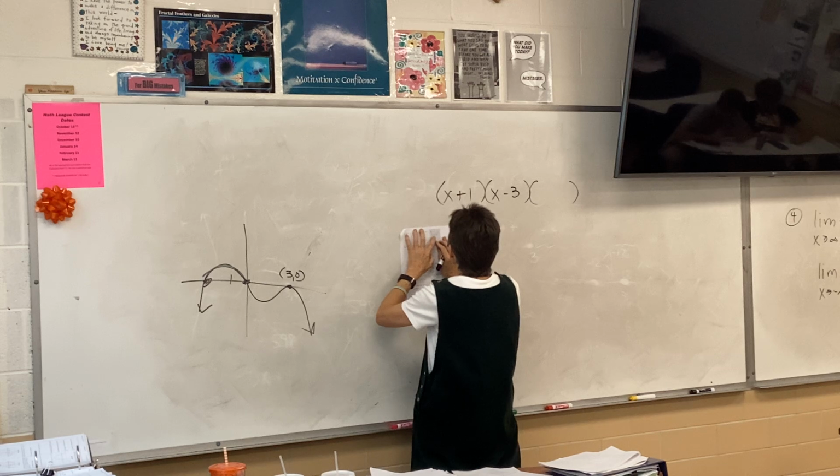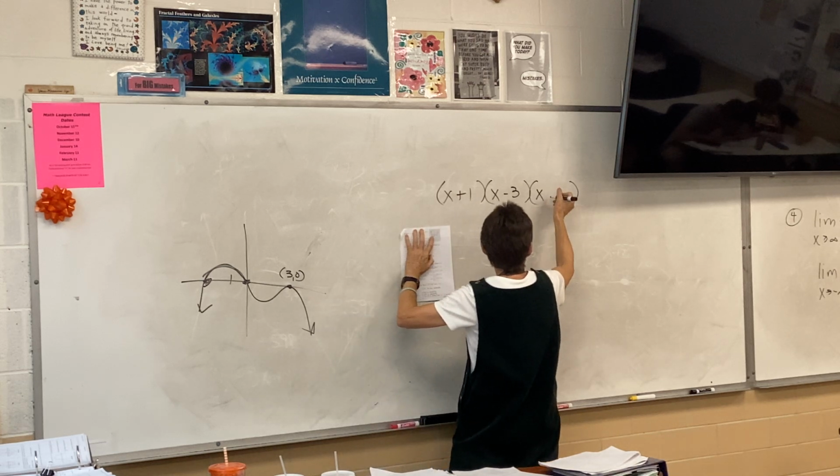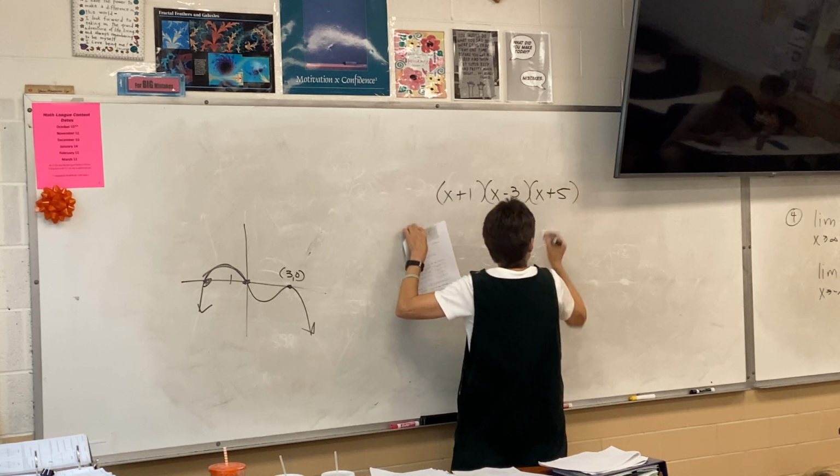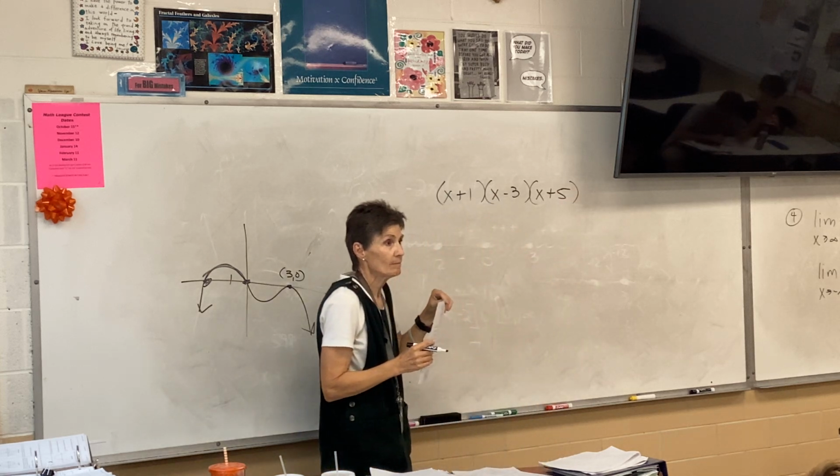And then x, was it not x minus 3 squared? Well, I'm not there yet. I'm just writing my factors first. I still need one more factor. Plus 5? Okay, so we got the factors written.